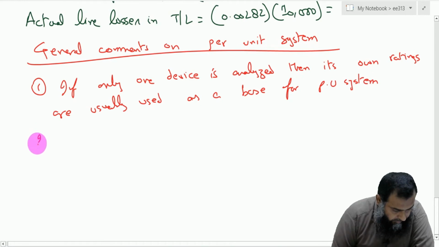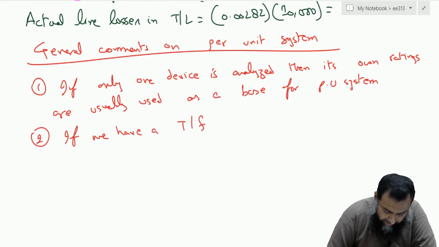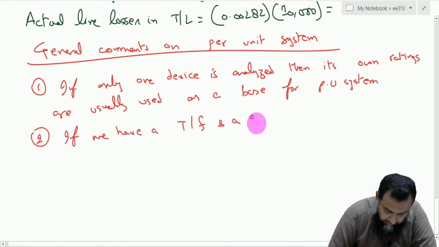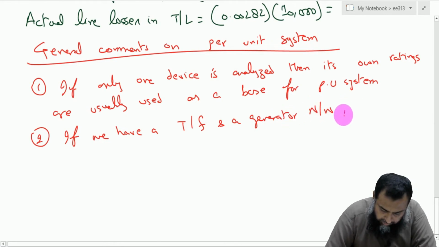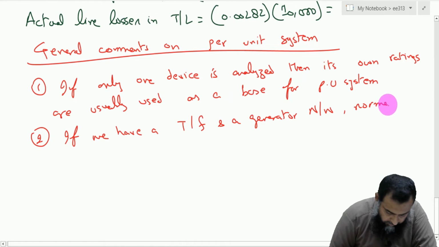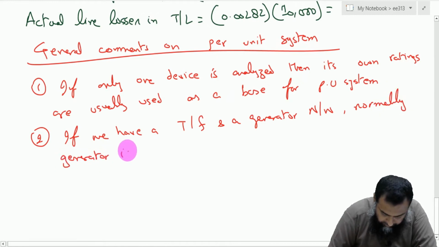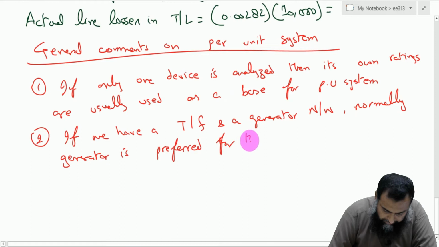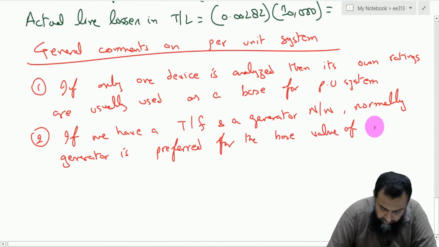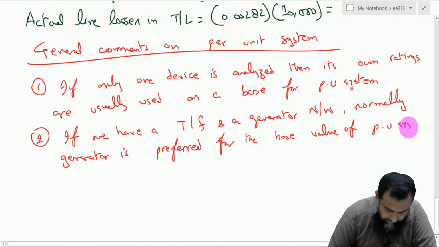Number two, if we have a transformer and a generator network, normally the generator is preferred for the base value of the per unit system, right?